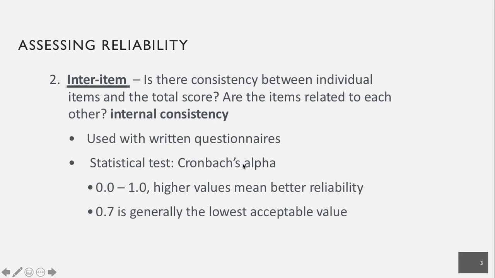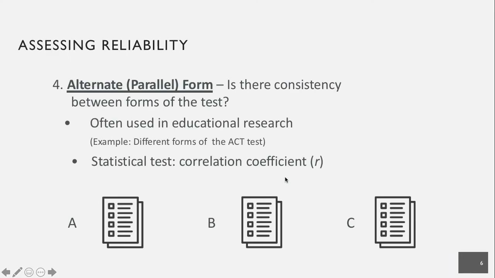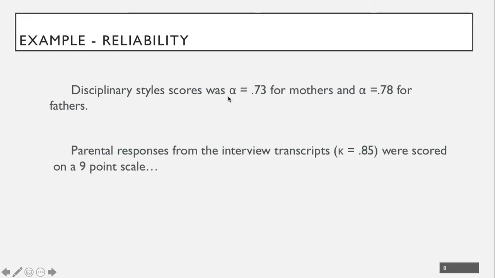Cronbach's alpha. So you were looking at an alpha. It looks like a strange little A. So alphas are for Cronbach's alpha, inter-item reliability. Down here we have kappa equals 0.85.